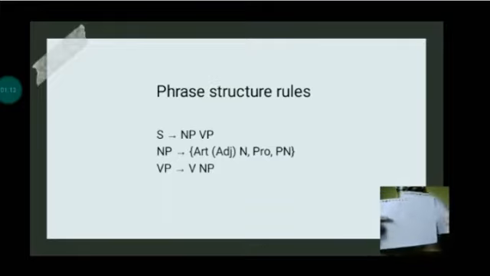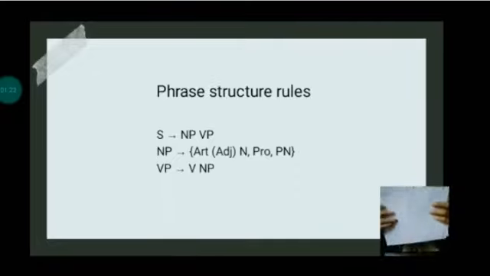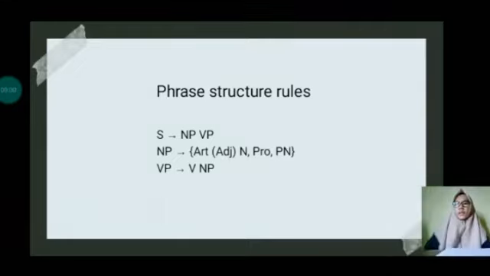And for noun phrase we can also use adjective in the middle: noun phrase consists of articulation, adjective, and noun. I think you cannot see the tree diagram that I showed you, but you can see it in the books, and I also give you some examples about that.